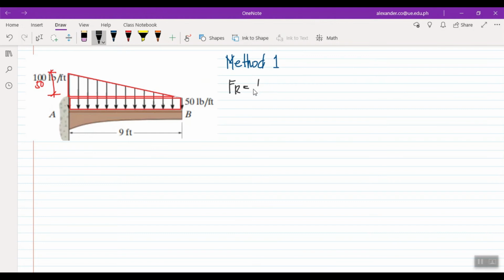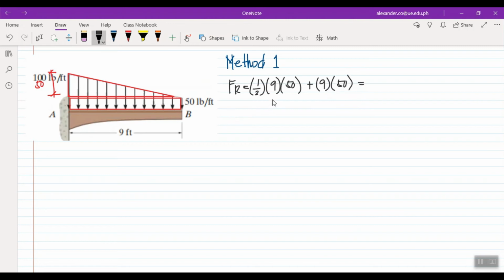Okay, sorry about that. It's 1/2 base and height, 50, plus the base of the rectangle, which is 9, and the height is 50.